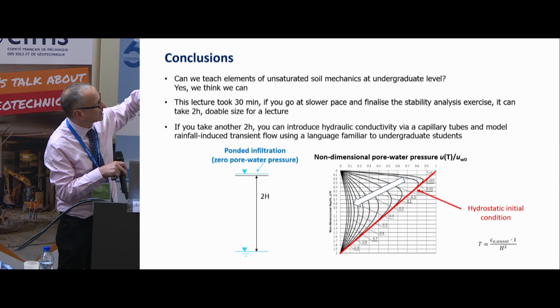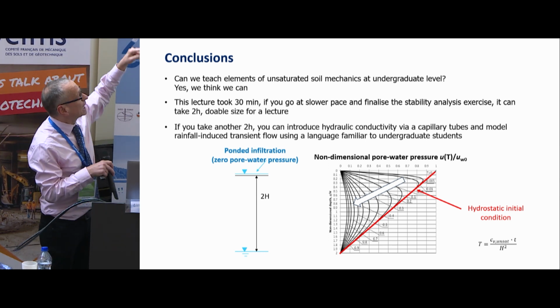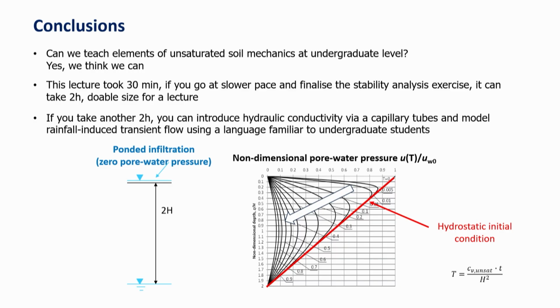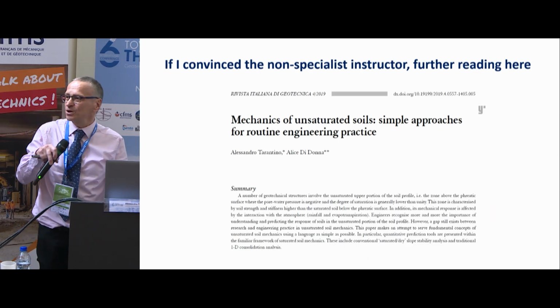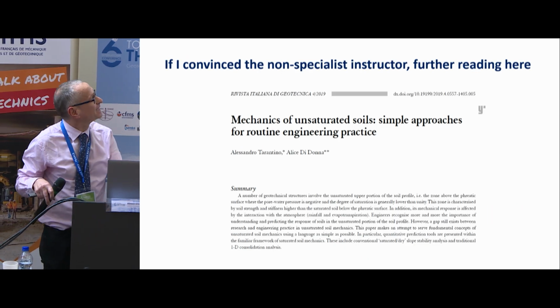What you see here is a water table at the bottom and ponded infiltration at the top. The red curve is the initial hydrostatic condition, and what you see is the evolution of the pore water pressure as the infiltration proceeds. If you want to know more, it is here.